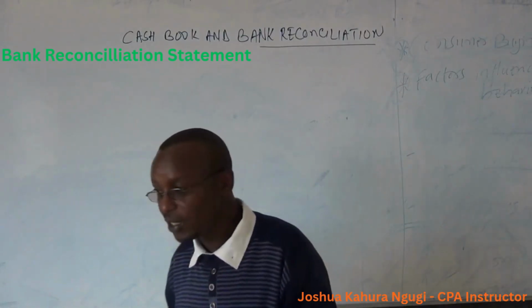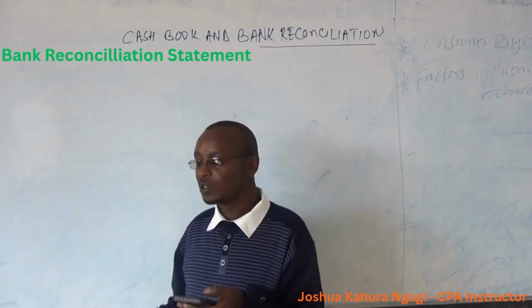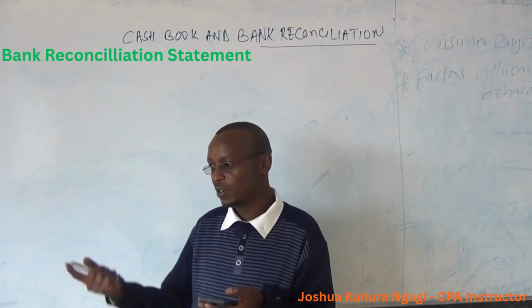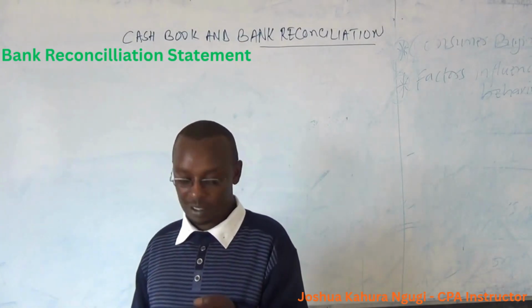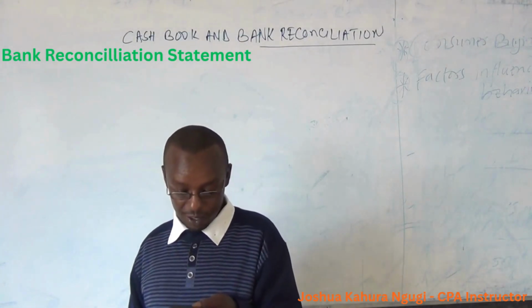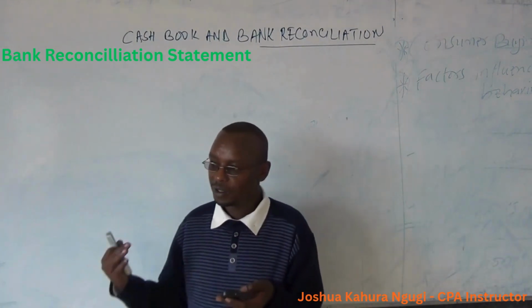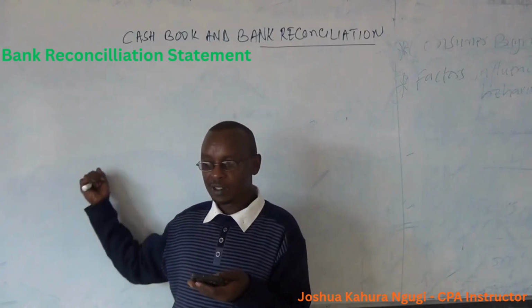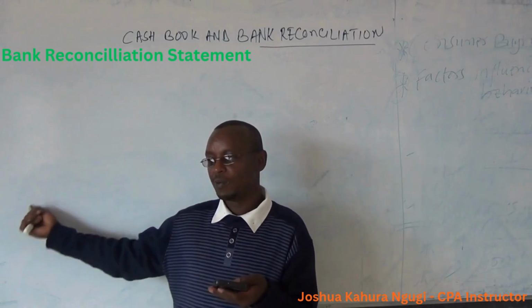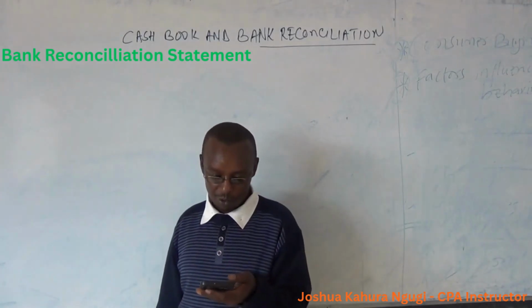And they send you the statement, mostly on a monthly basis. Every month you receive a statement from the bank. You can also request it anytime. Then when you get that statement, you find that the amount that the bank is showing as your balance is different from the amount that you're showing as your balance in the cash book.